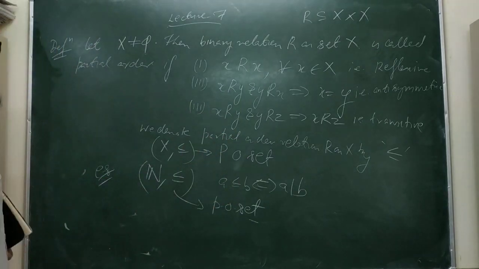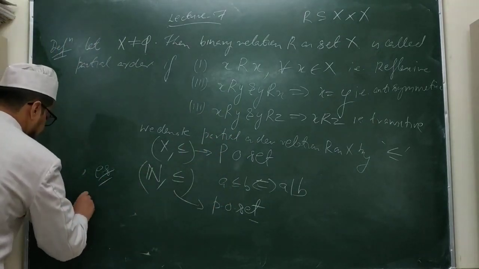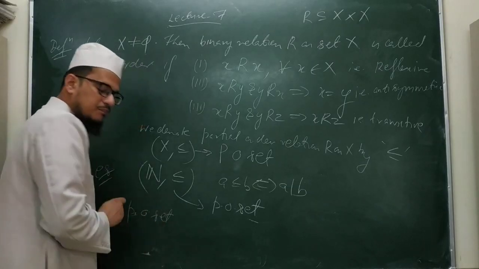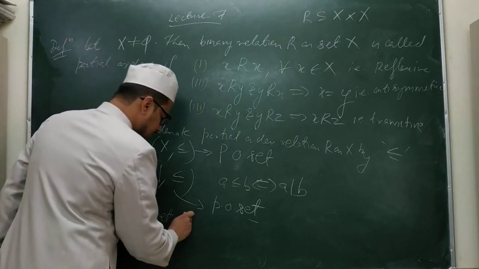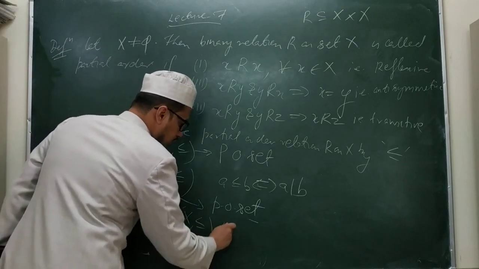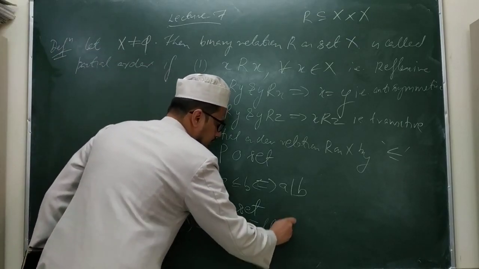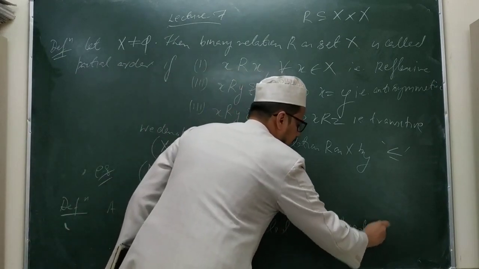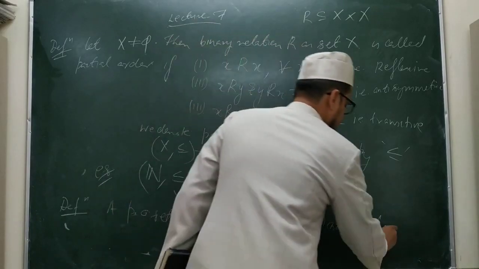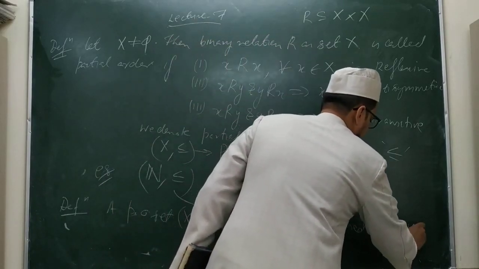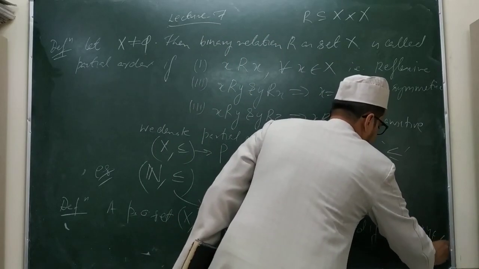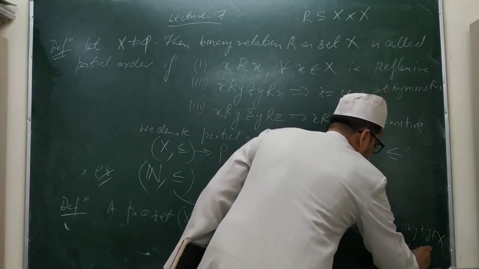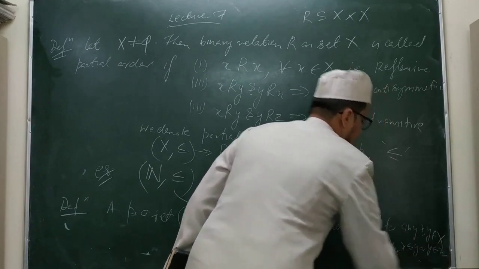Now the next definition is that a partial ordered set, I write in short, POSET, is called totally ordered if for any x, y belonging to X, either x is related to y or y is related to x.